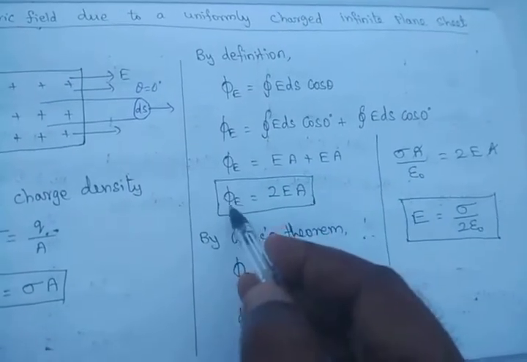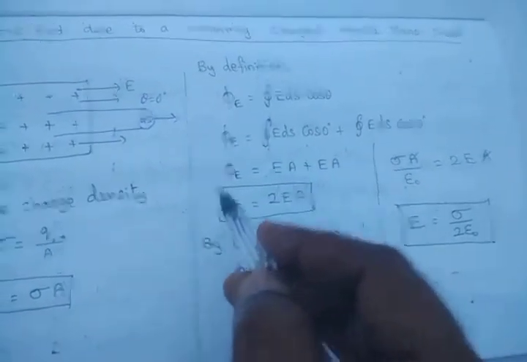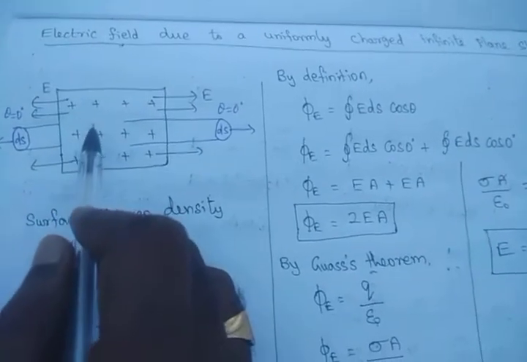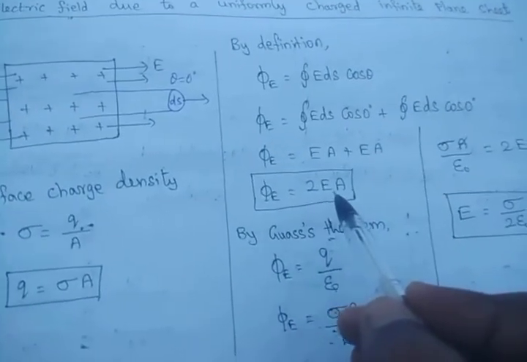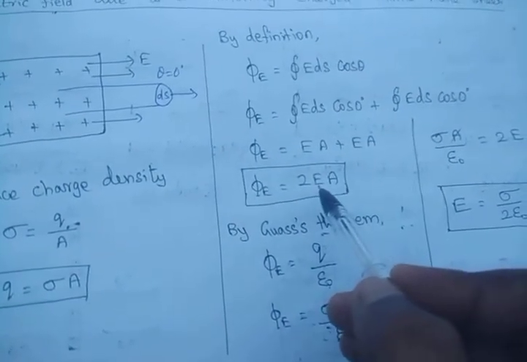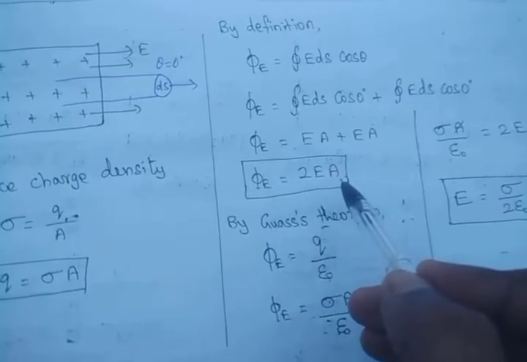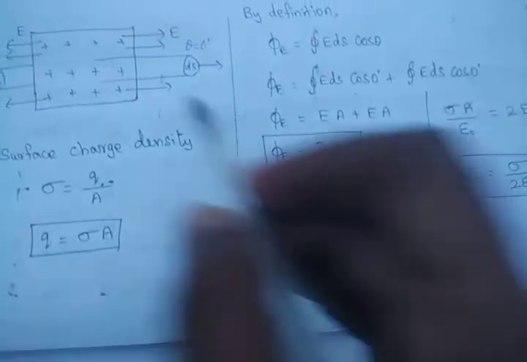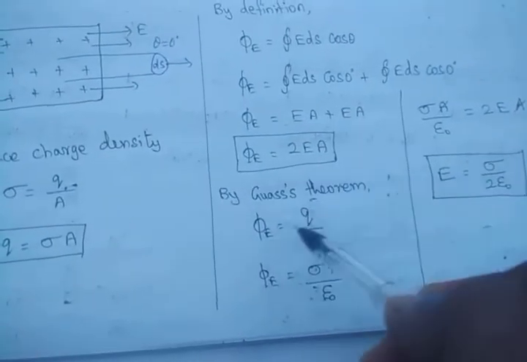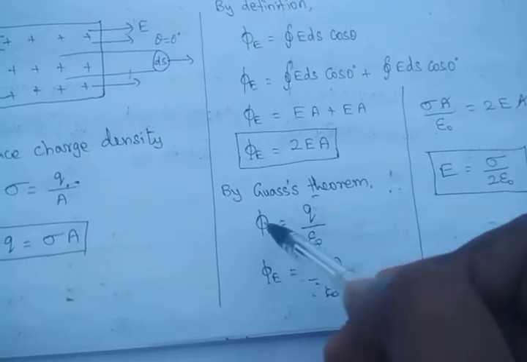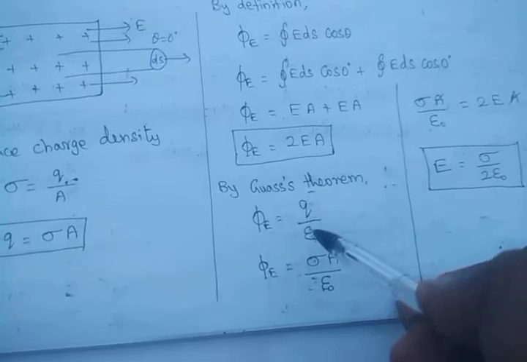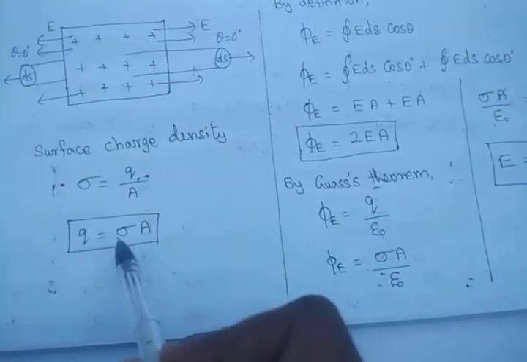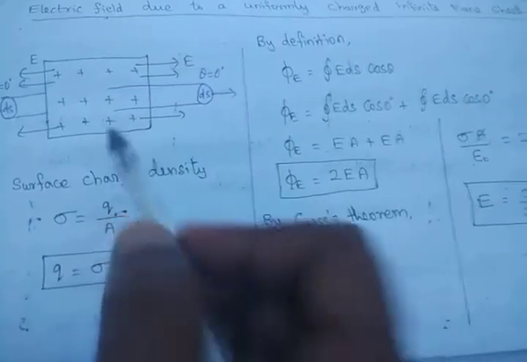Finally we get the electric flux by definition for the infinite plane sheet: the value is 2 times E times A, where E is the electric field and A is the area of the Gaussian surface. By Gauss theorem, the electric flux is Q by epsilon naught. Instead of Q, we substitute sigma A because it is a plane sheet.